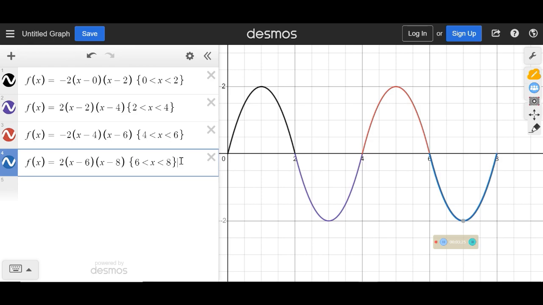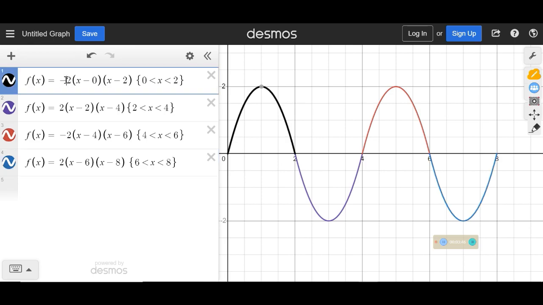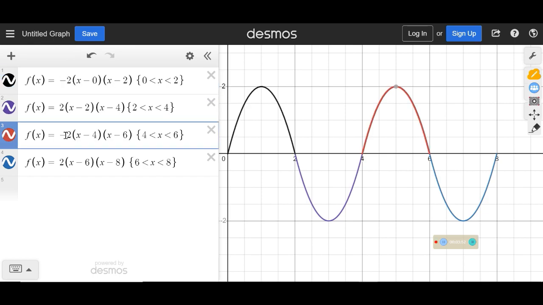So you can hopefully see that there's a pattern that I created here, right? We start with this parabola right here that's colored black. We have this next parabola that's colored purple, this parabola colored red, and this parabola that's colored blue, okay? We can see that they all have a leading coefficient with the absolute value of 2, but the black one, for instance, has a -2, and this red one also has a -2.